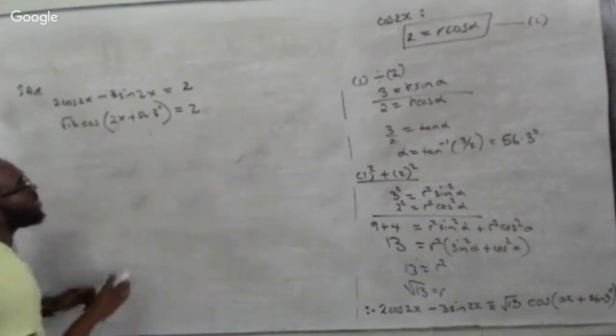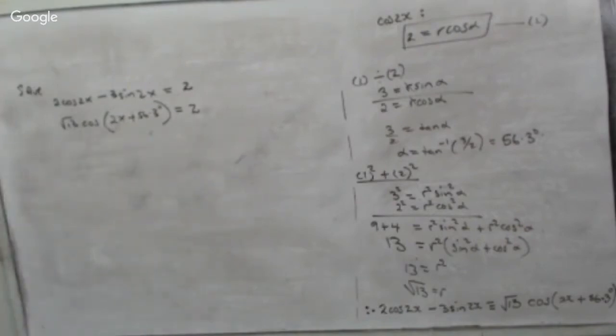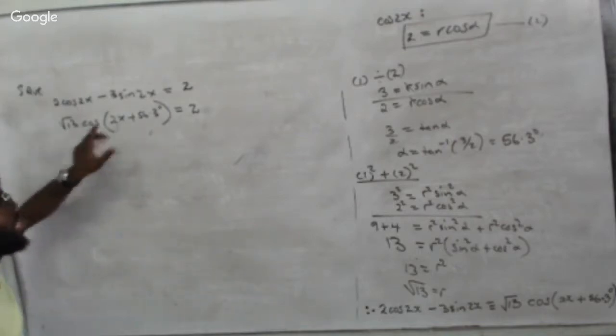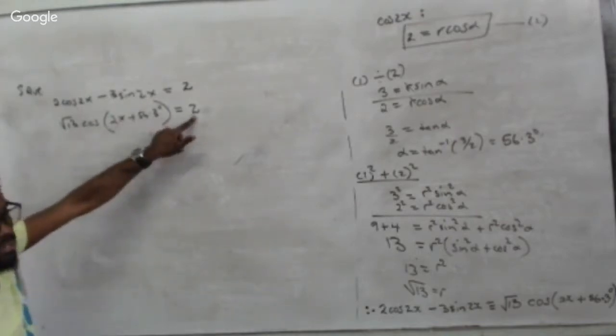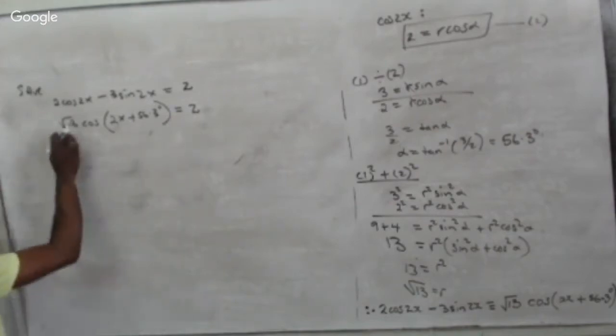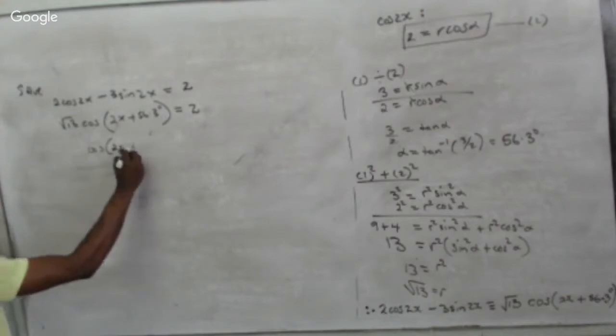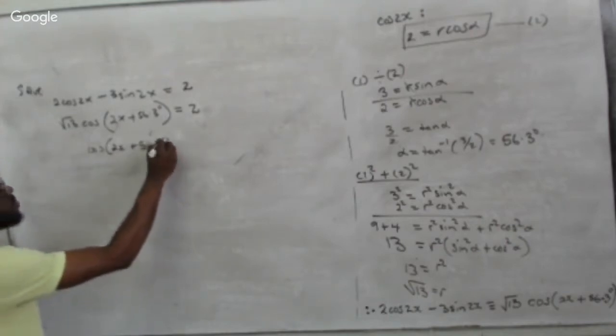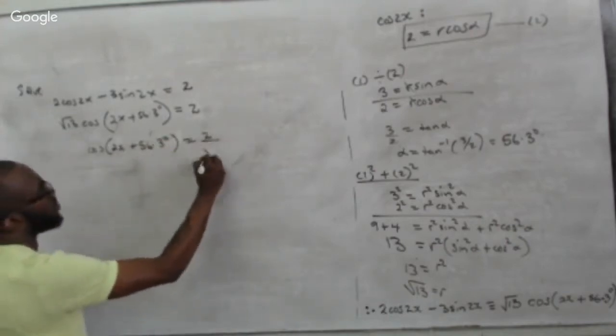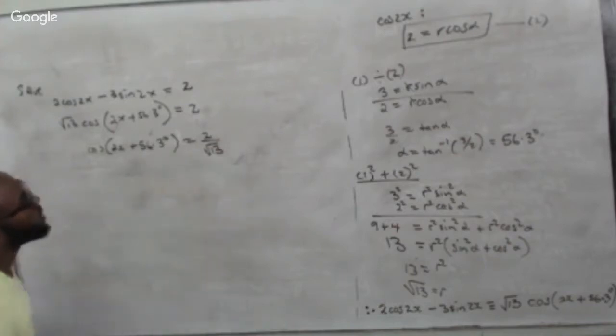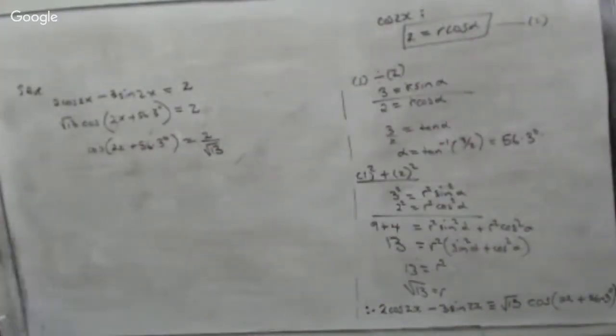Doesn't this look like something I made up in week 3 or 4 and told you to solve? In other words, it wants to look like cosine of an angle equal to k, but it's not quite yet because this root 13 is present.